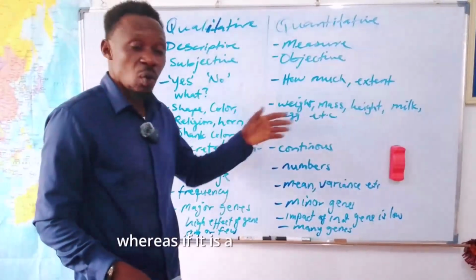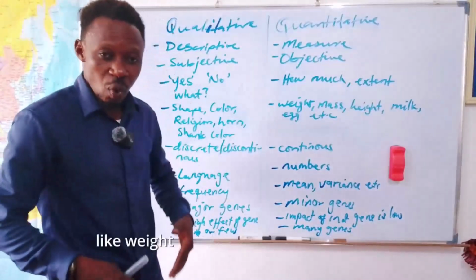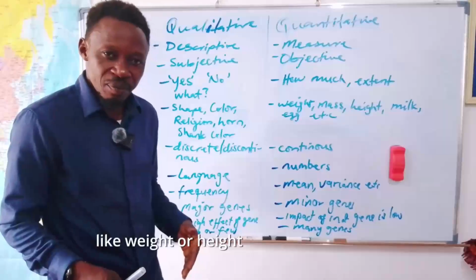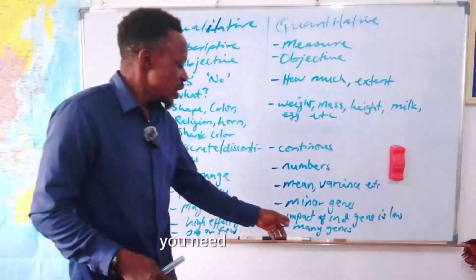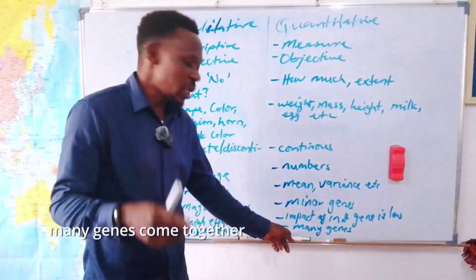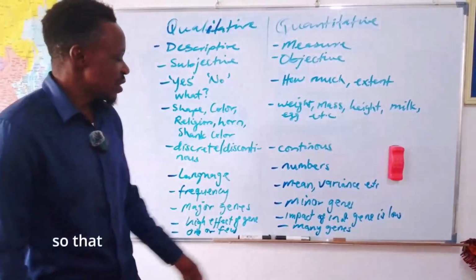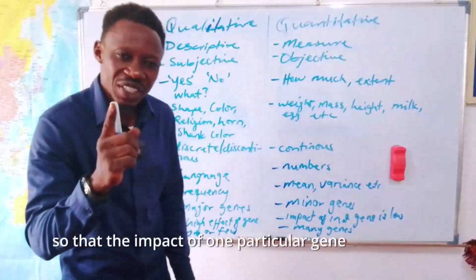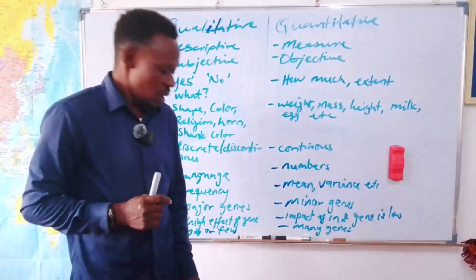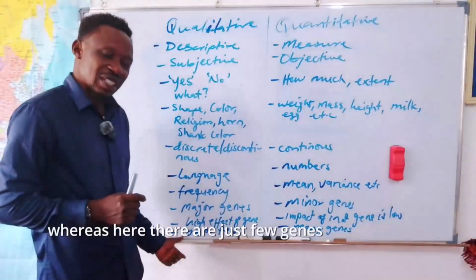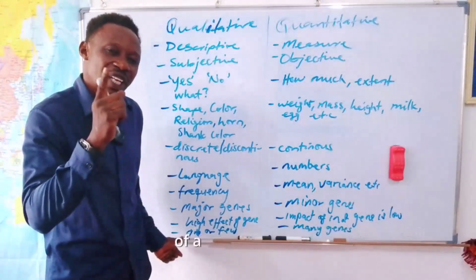Whereas if it is a quantitative trait like weight or height or milk production, you need many genes. Many genes come together to control a quantitative trait, so that the impact of one particular gene is so small. Whereas here, there are just few genes and there is a high impact of a singular gene.